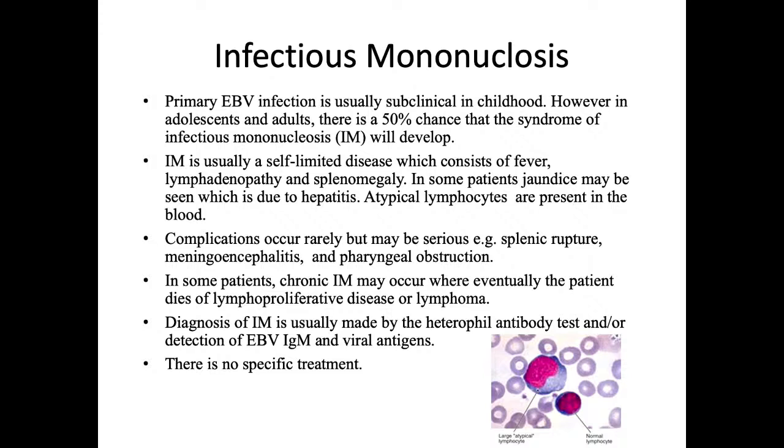They are bigger, swollen, and have more cytoplasm and an enlarged nucleus compared to normal lymphocytes. These atypical lymphocytes are produced in response to various infections, but we see more in Epstein-Barr virus infection.